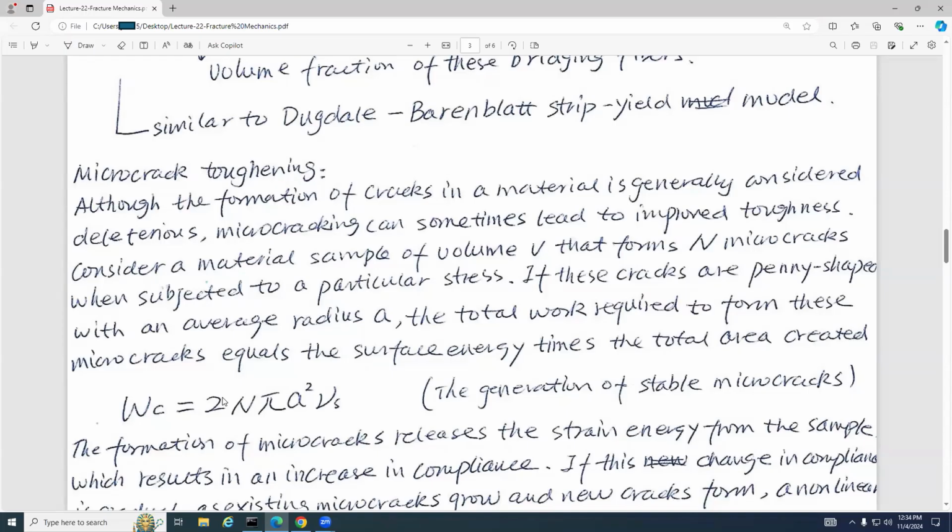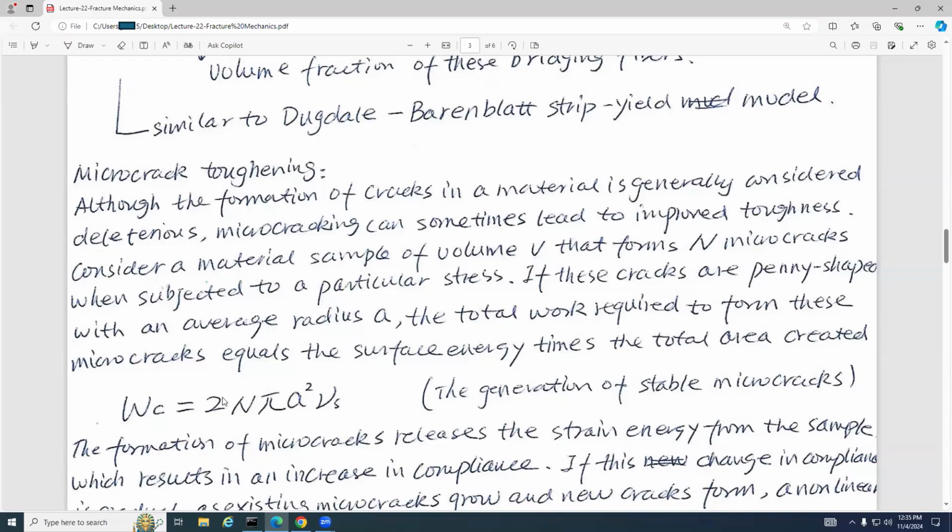Why? This is counterintuitive. Consider a material sample of volume V that forms N microcracks when subject to a particular stress. If these cracks are penny-shaped with average radius a, the total work required to form these microcracks equals the surface energy times the total crack area. So this is Wc equals this one.